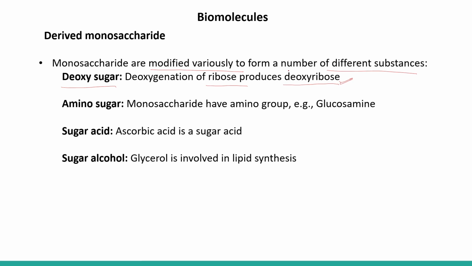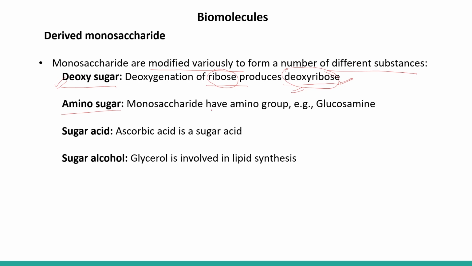This deoxyribose is present in DNA, deoxyribose nucleic acid. In RNA, ribose nucleic acid, ribose is present as the sugar. So deoxyribose is one of the modifications of ribose sugar.